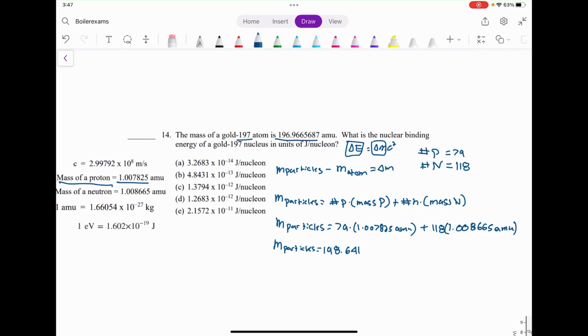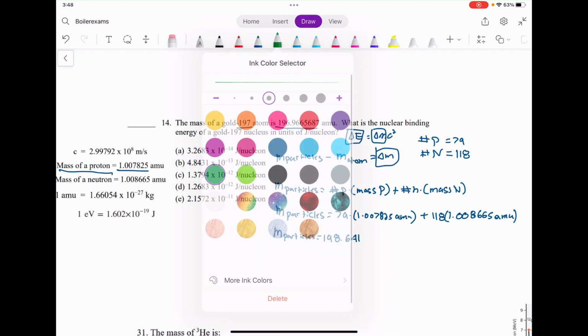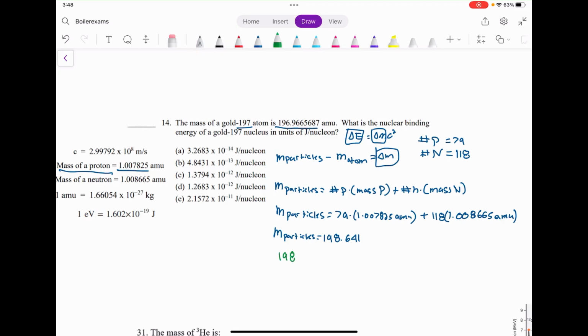Okay, and then let's find our mass defect. Mass of the particles is 198.641 AMU. Forgot to write it, this is also AMU.